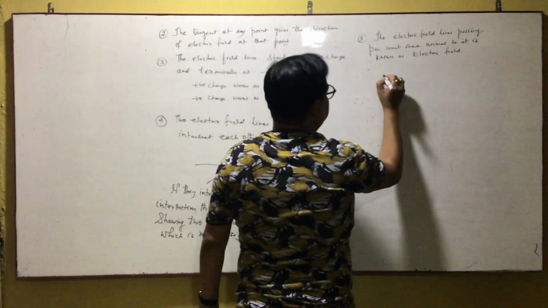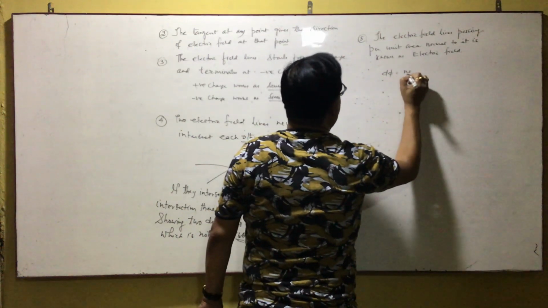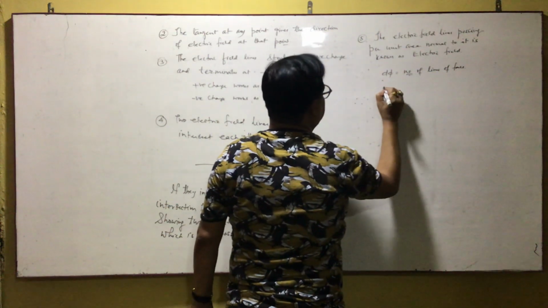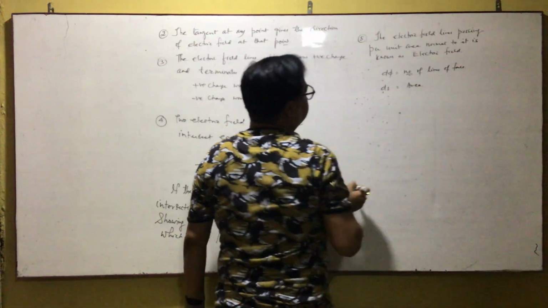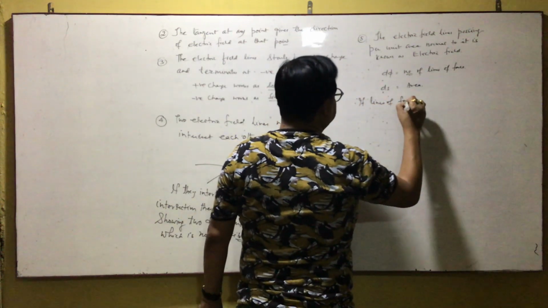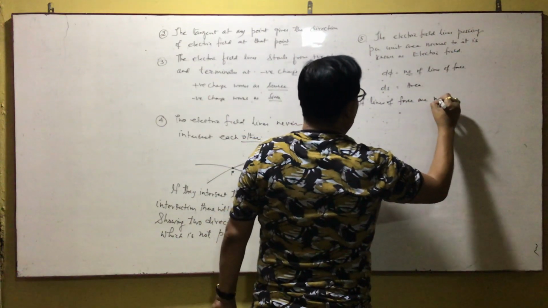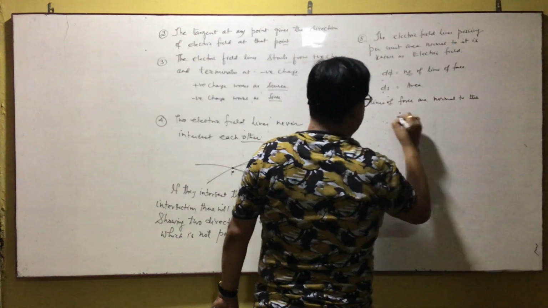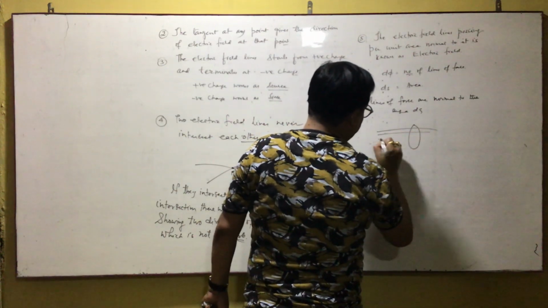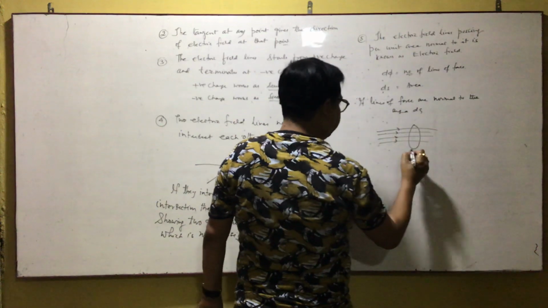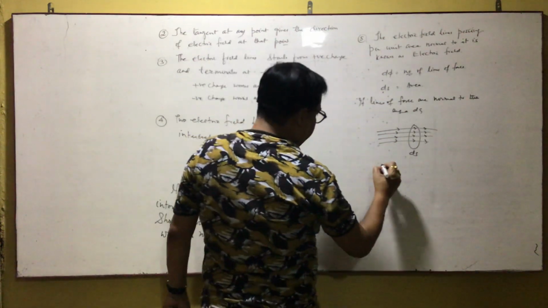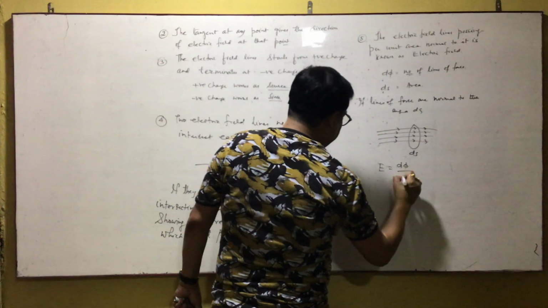So if d phi is number of lines of force and ds is area, and if lines of force are normal to the area ds, so suppose this is ds and the lines of force are perpendicular to it, then E is given as d phi by ds.